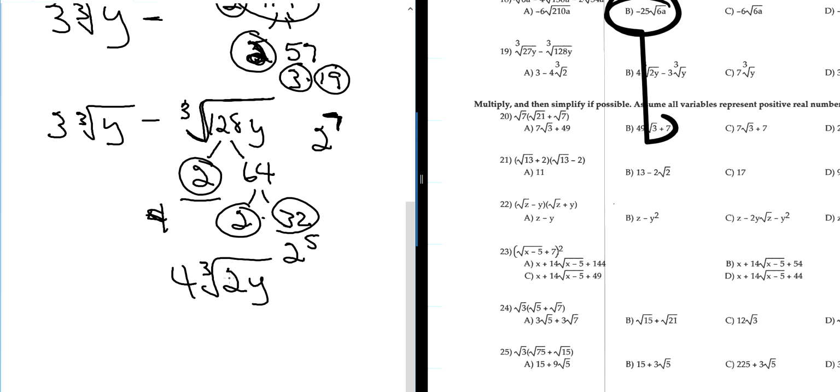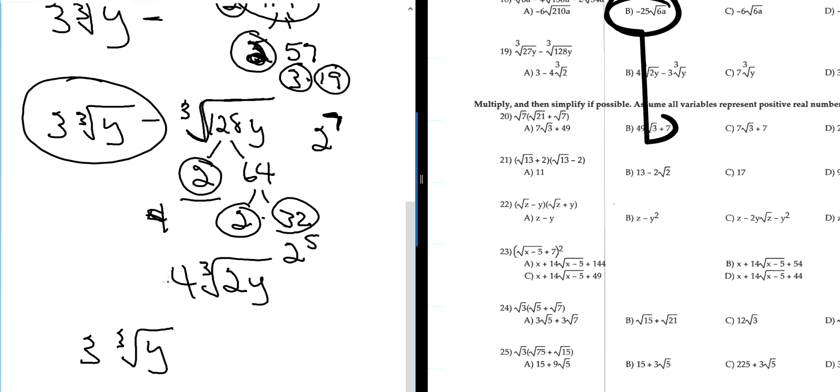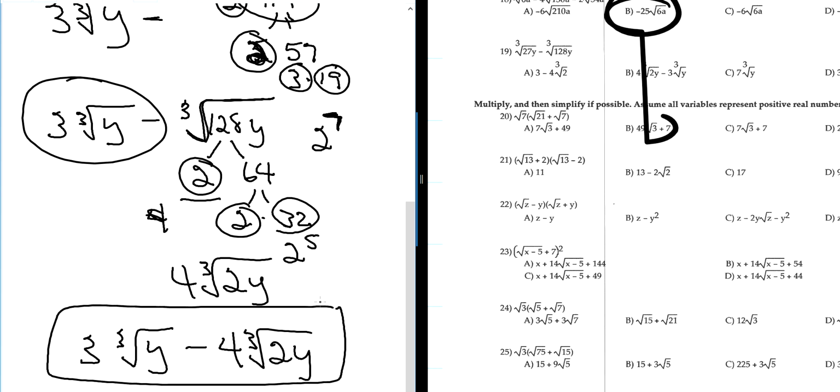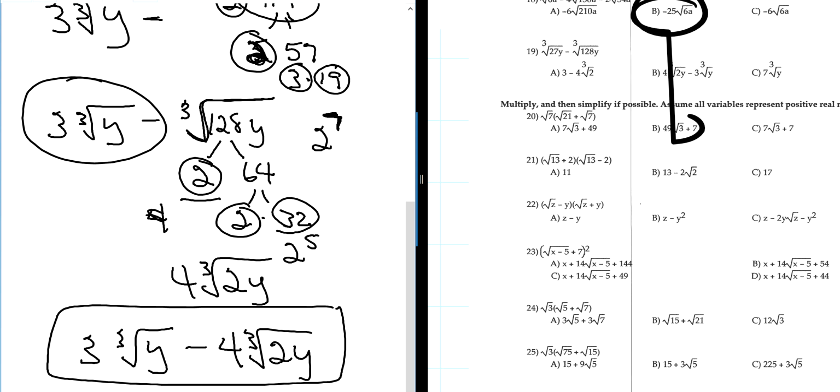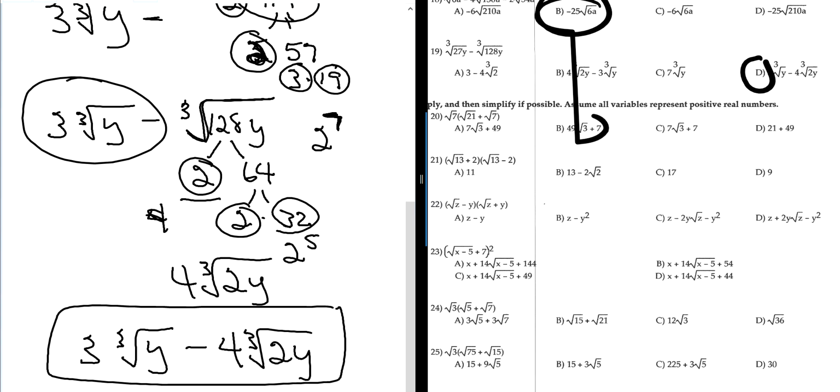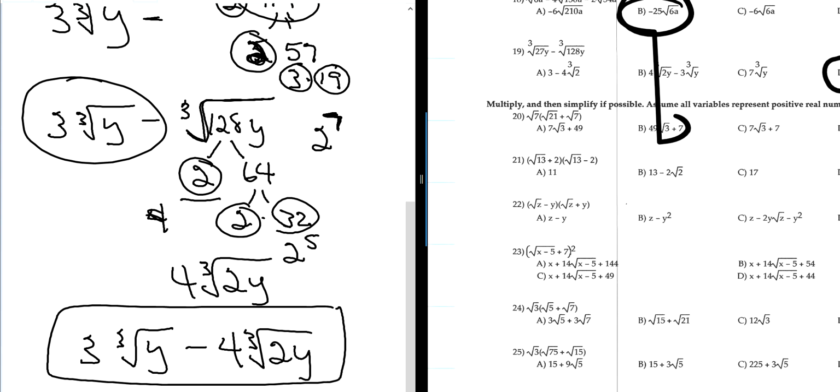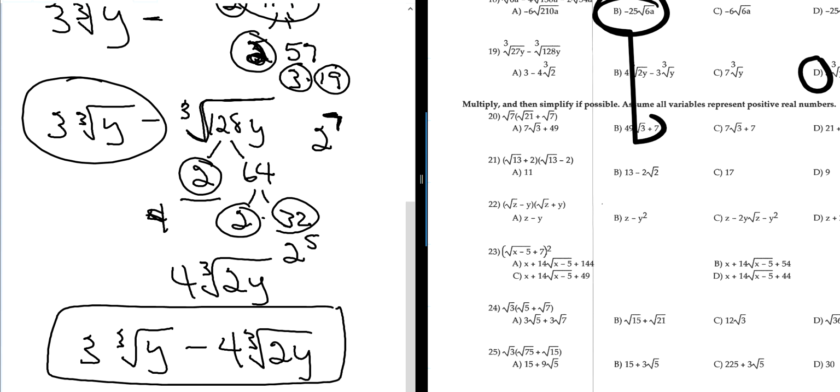So I had my beginning part here, which I can't simplify, 3 cube root of y, and then minus this 4 cube root of 2y. I can't add them together because they're not the same. This matches up with letter D here. Good thing I caught it.